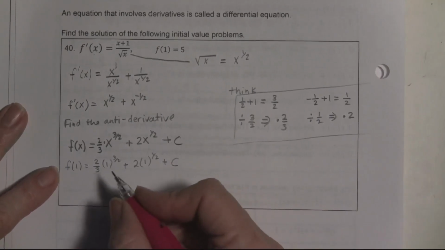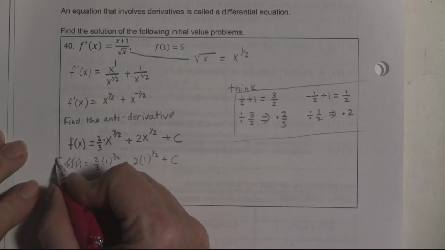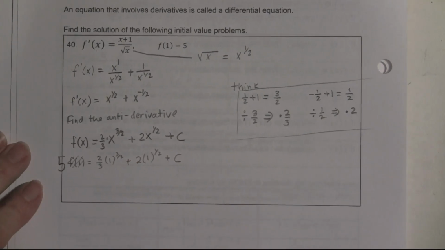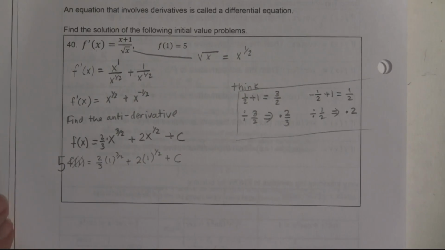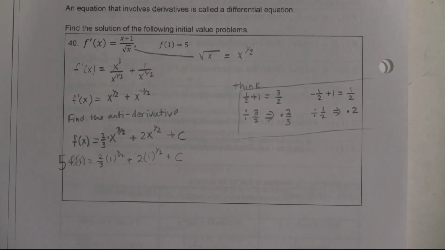And then I have f at 1, but what did they say f at 1 was equal to? They said that was equal to, y'all agree? 5, right? And so f at 1, all I did was plug in x is 1. So everywhere I saw x, I put in 1. And f at 1, well, they said it was equal to 5.